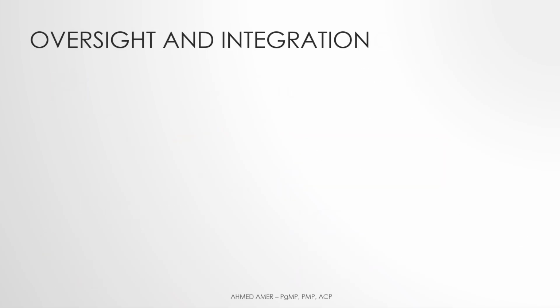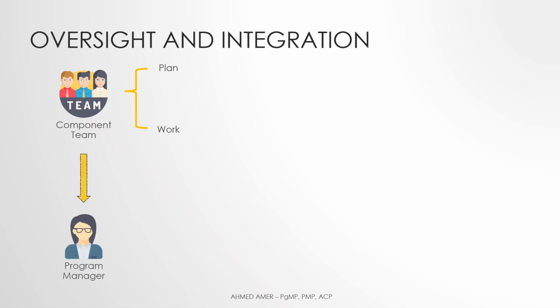When it comes to component oversight, it's obvious that each component team executes its associated plans and program integrative work. During this phase, component teams keep providing component status, reports, and other information to the program manager and any associated components.